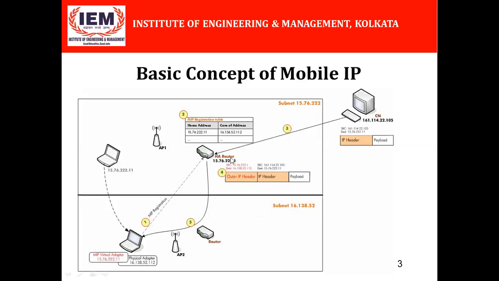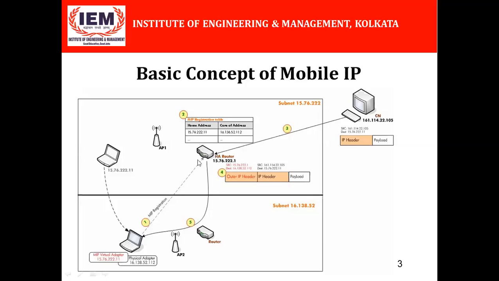So when this mobile device moves from the first access point to access point 2, this information should be registered in this way. This dotted line is the first information towards the home agent. This is the MIP registration, mobile IP registration information.